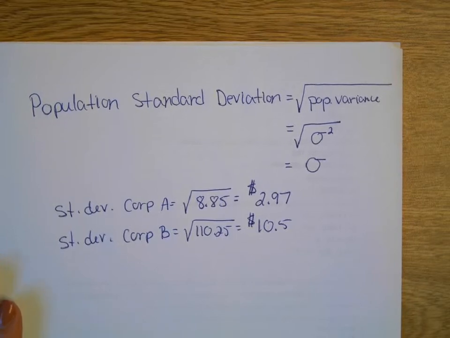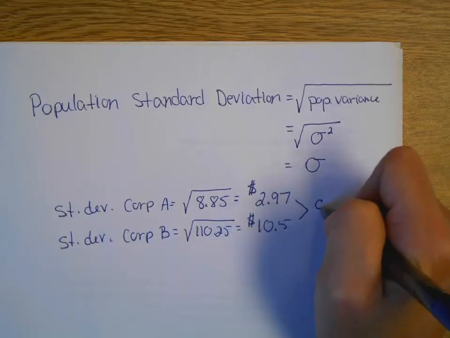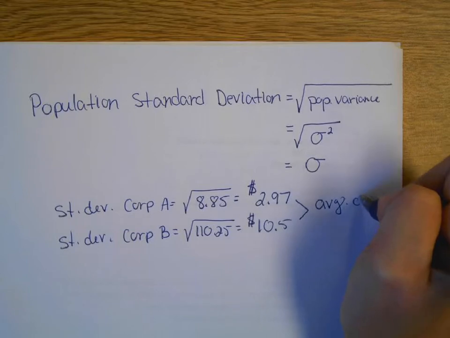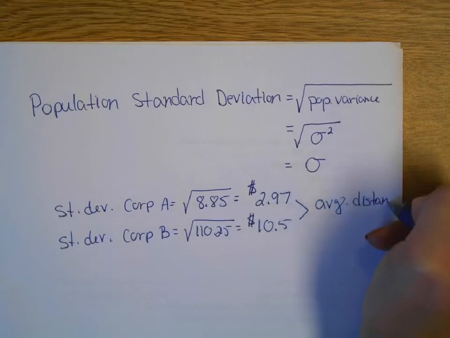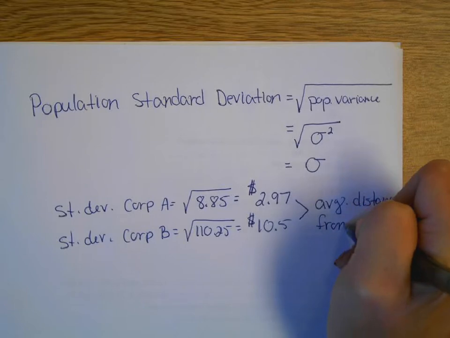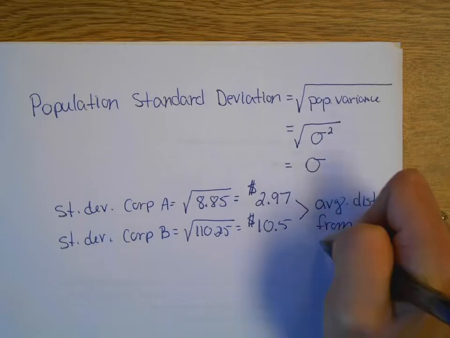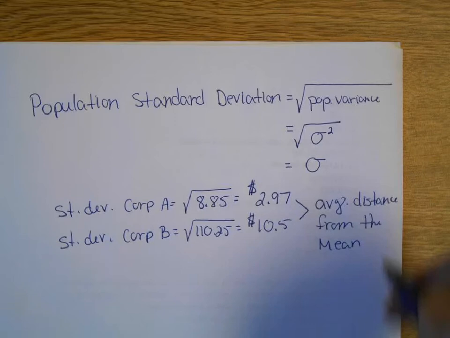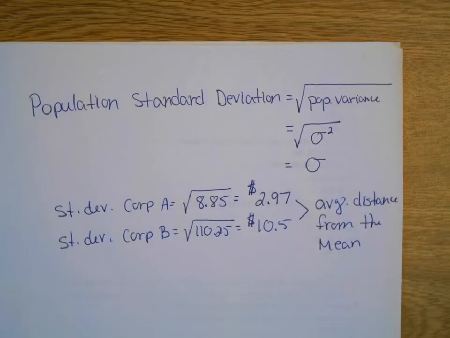And what this is really telling us is it's the average distance away from the mean. So both of these are giving us the average distance from the mean. The smaller the number, the closer everything is to the mean. The bigger the number, the farther away things are from the mean. It's more spread out.